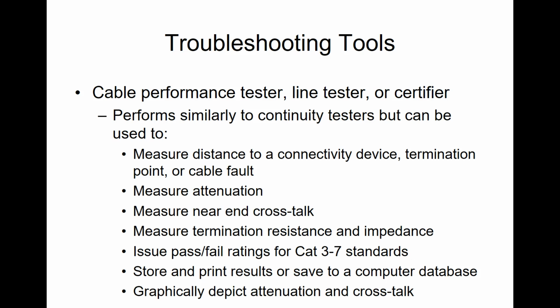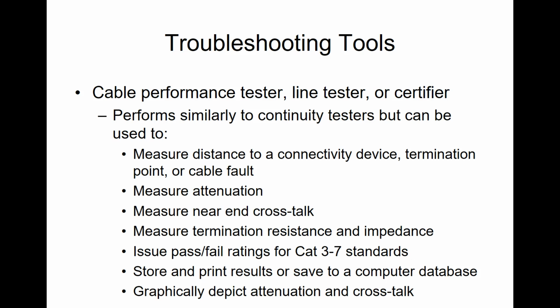But then you have cable testers that have more features or more pieces to them, and I'll show you some of those. They go all the way to the extent of some of them will have printers, some of them stored on USB cards, and you can print out: this is cable 137, here are its characteristics. So they will do everything from measure power loss, near and far end crosstalk, resistances.